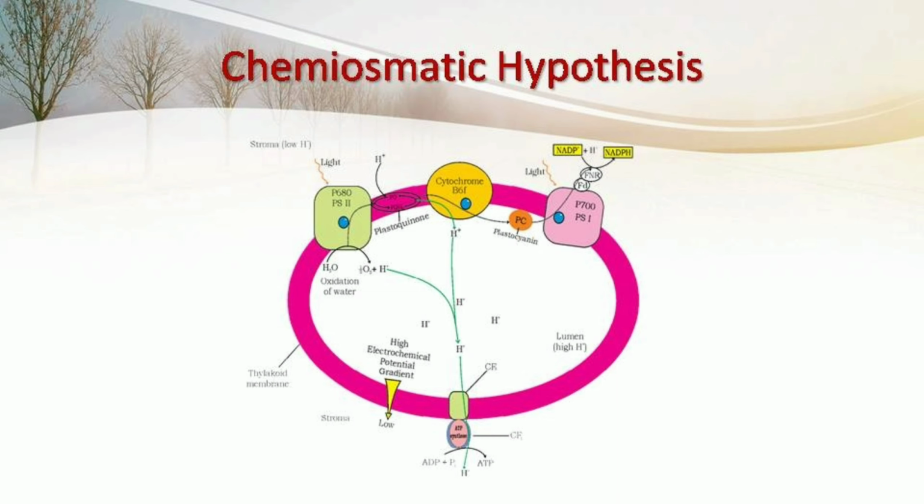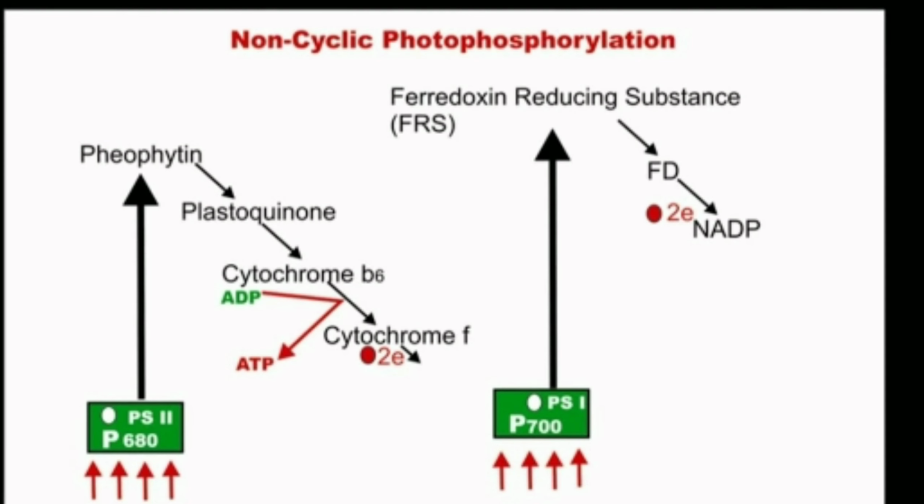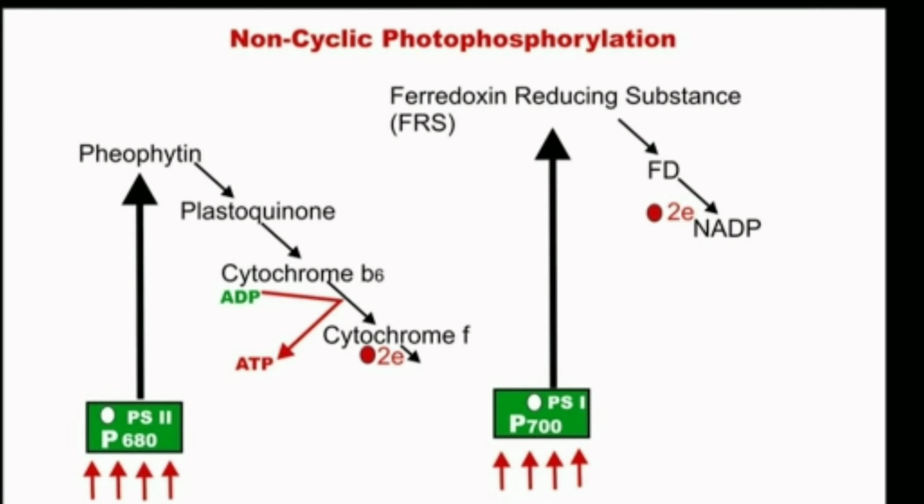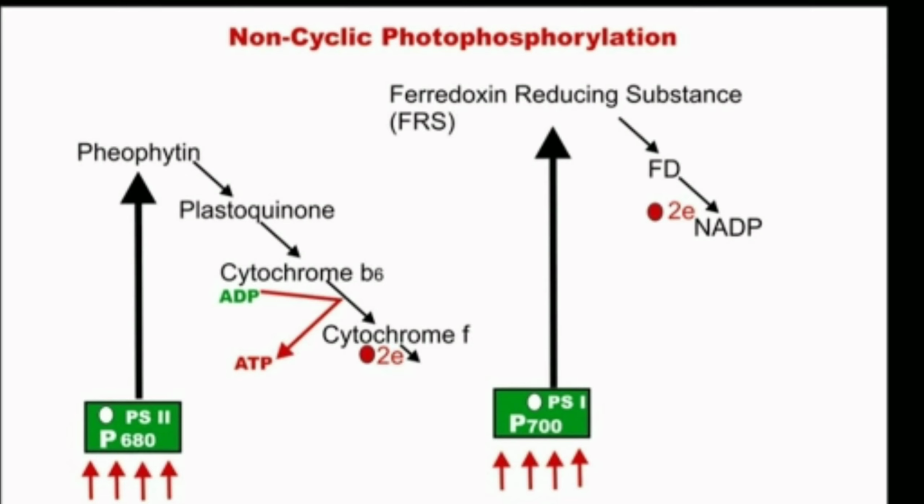These electrons get excited and go to a primary electron acceptor, and from the higher energy they pass down through 3 electron acceptors, and then to photosystem 1. We have seen this in non-cyclic photophosphorylation. The 3 electron acceptors are plastoquinone, cytochrome complex and plastocyanin.